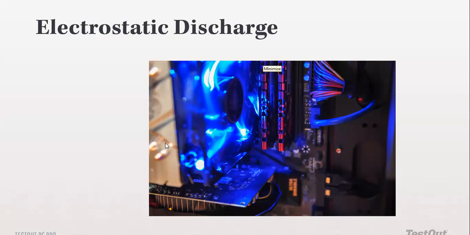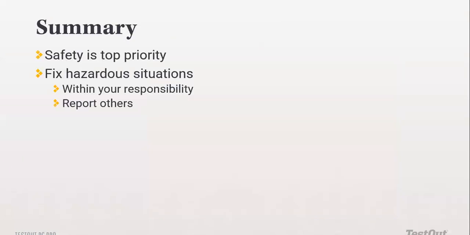We're going to proceed from here. The next subsection in this module is electrostatic discharge. Just as a recapitulation, in the previous subsection, we covered what safety is and how it is a top priority when you're working in a PC setting where you have computer components and devices all around you.